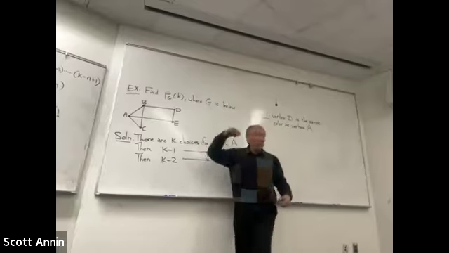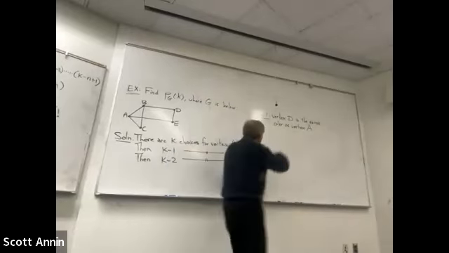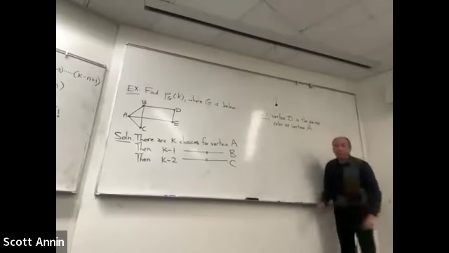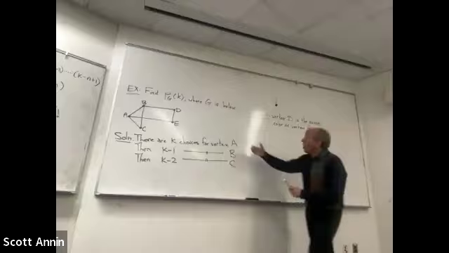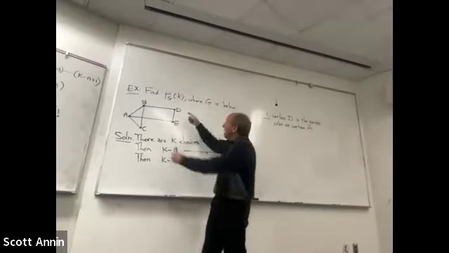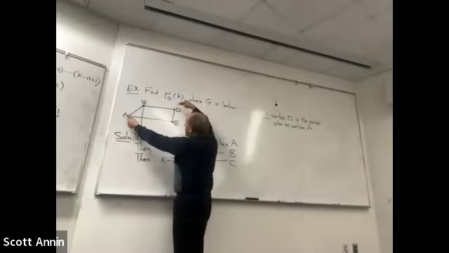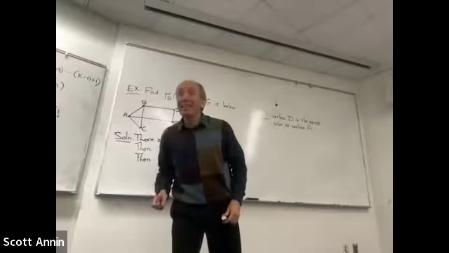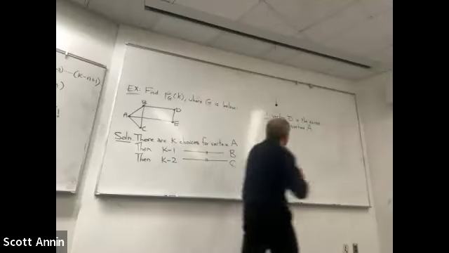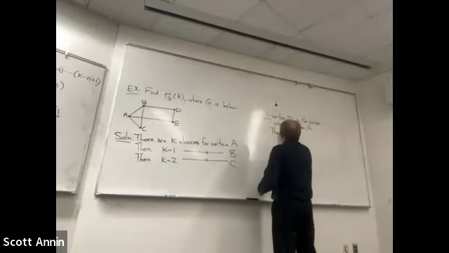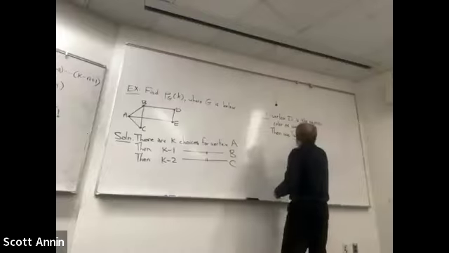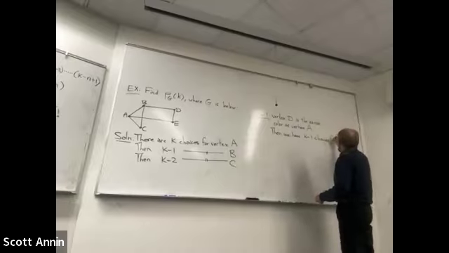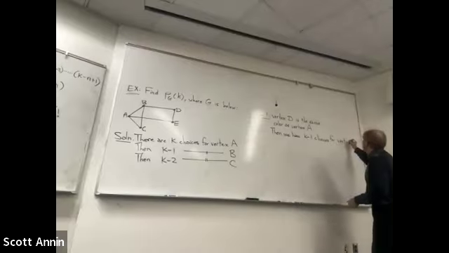So we can move on to vertex E. If A and D are the same color, how many choices will I have for that last vertex? K minus 1, exactly. So then we have K minus 1 choices for vertex E.